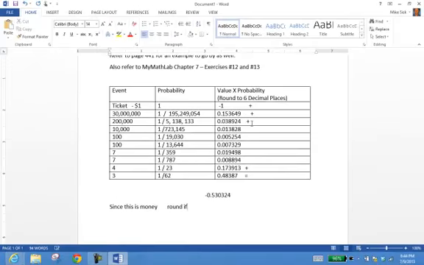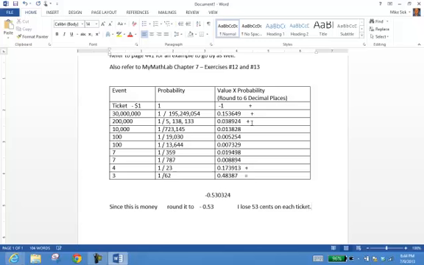Since there are no dollars here, round it to negative 0.53. In other words, for every ticket that I buy based on these probabilities of winning, I lose 53 cents on each ticket that I buy.